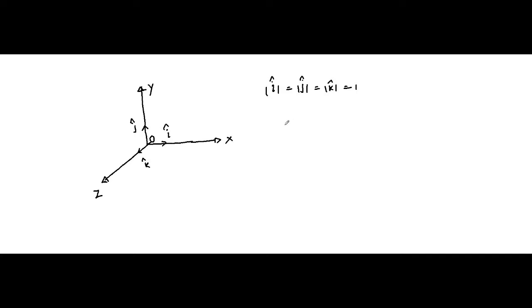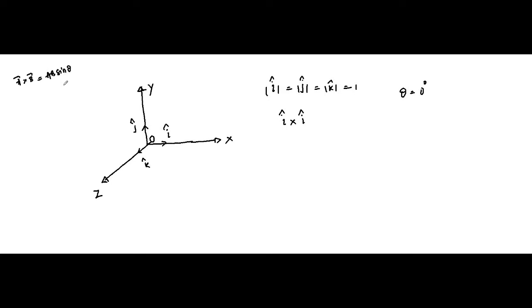So first let us take i cap and see how the cross product of i cap with itself works out. I cap has unit magnitude, and both i cap unit vectors are in the same direction, which means that the angle between them will be 0 degrees. Now the definition of cross product says that if two vectors are multiplied through cross product, the magnitude is AB sine theta.